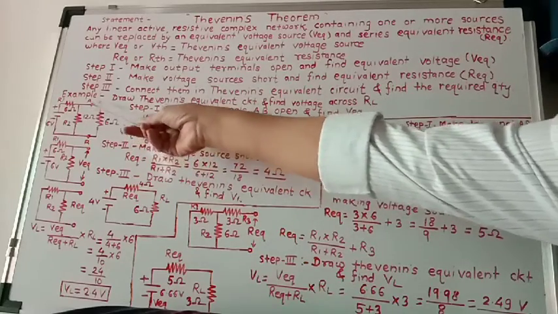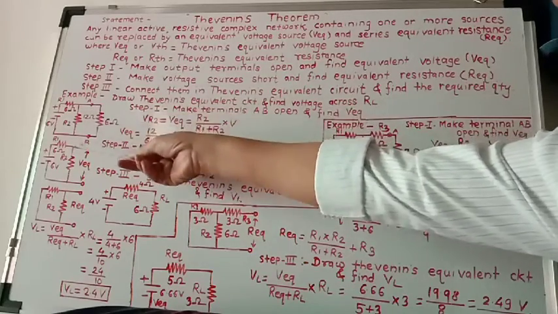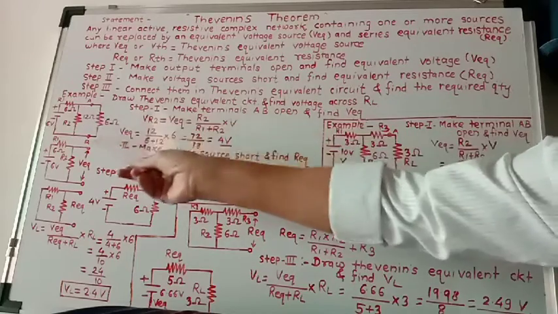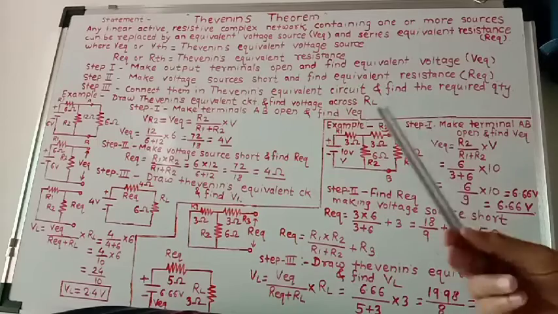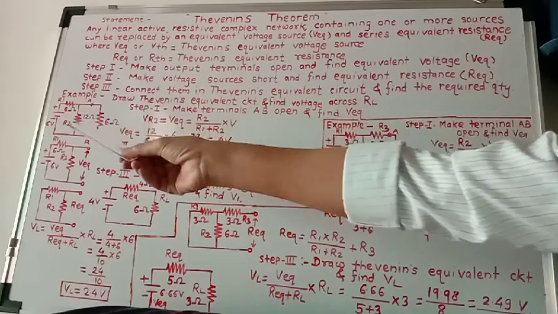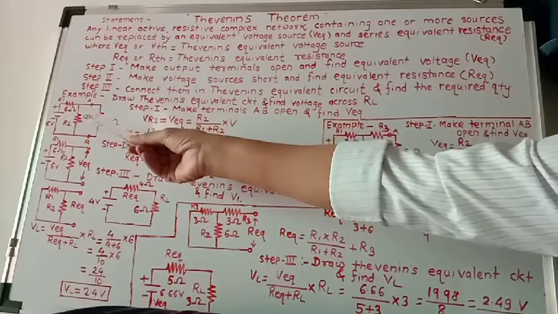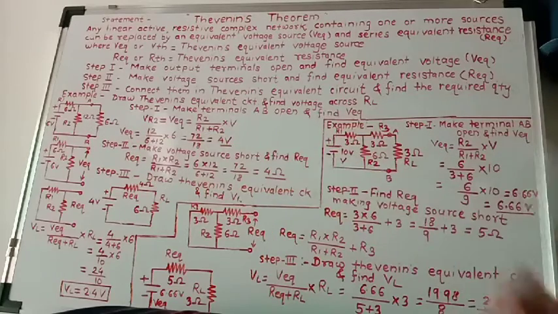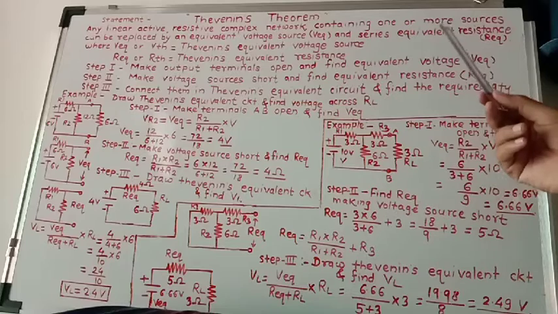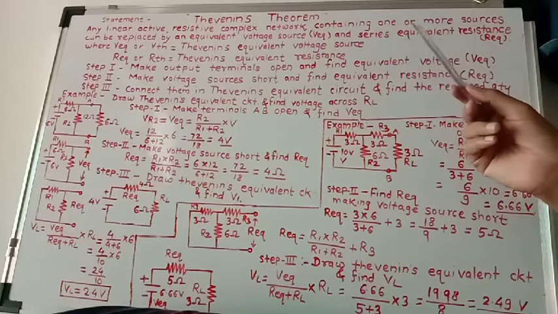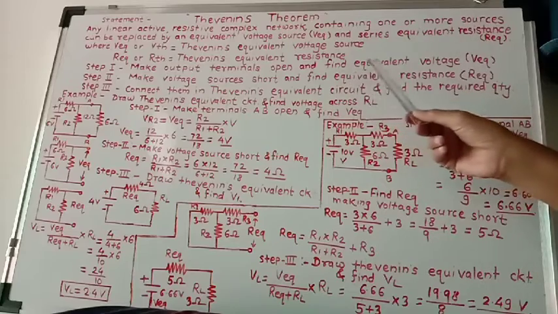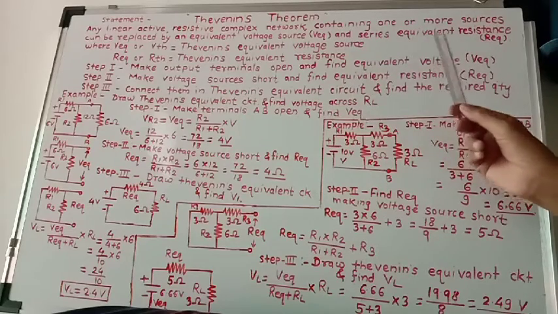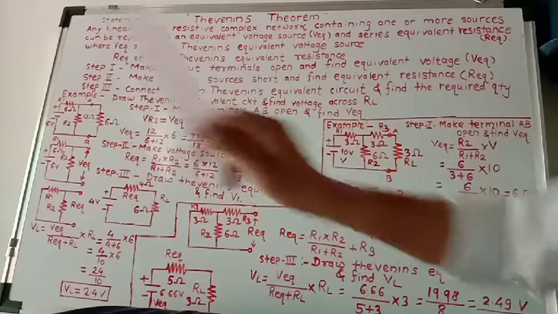We have to make the output terminals A and B open by disconnecting this load resistance RL. Then we have to find the Thevenin's equivalent voltage, V equivalent or VTH.